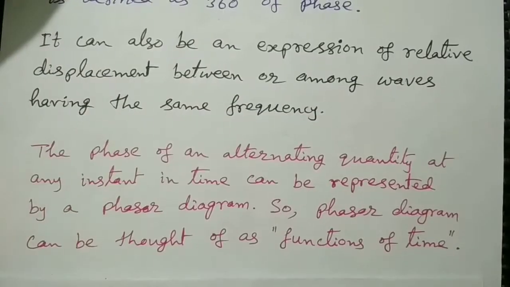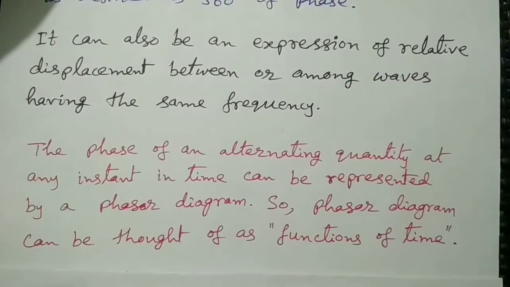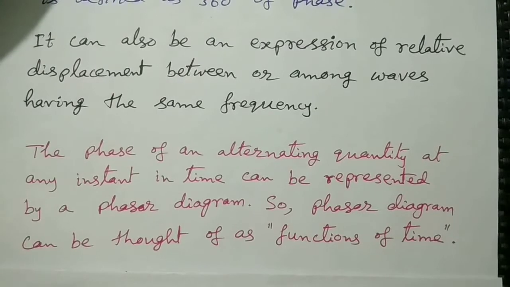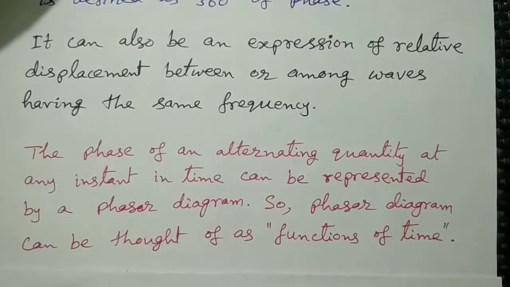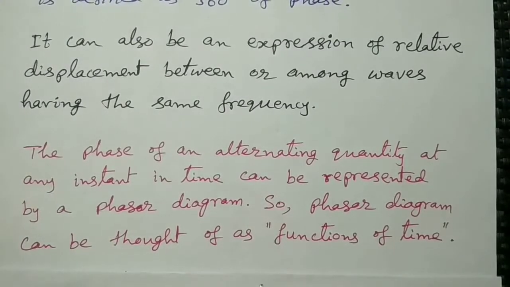So the phase of an alternating quantity at any instant in time can be represented by a phasor diagram. Therefore, the phasor diagram can be thought of as a function of time. We will discuss with figure all these terms later.